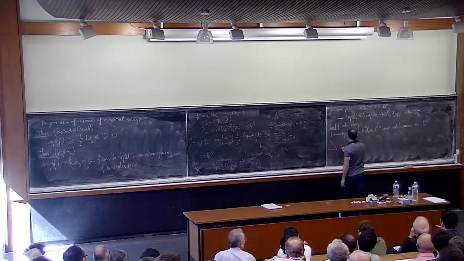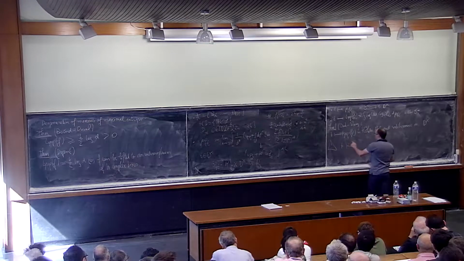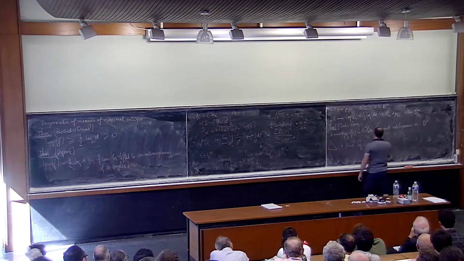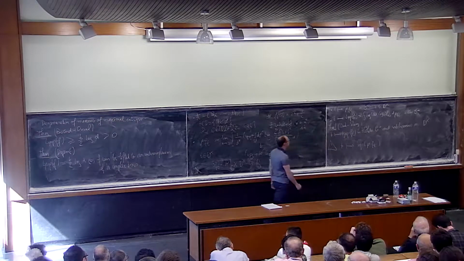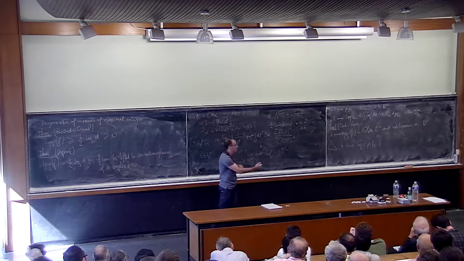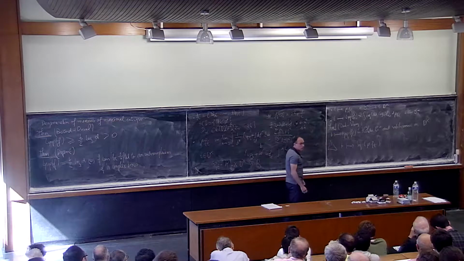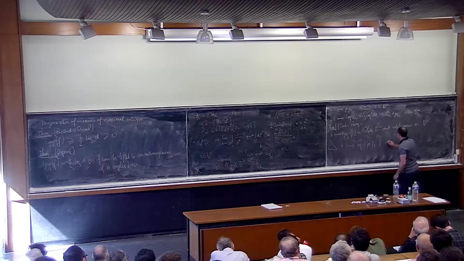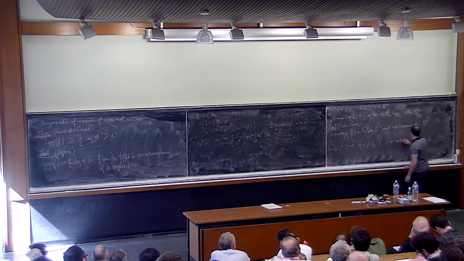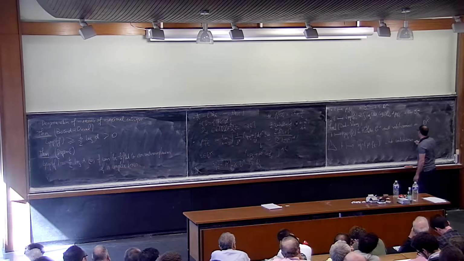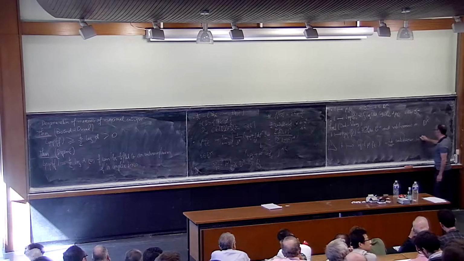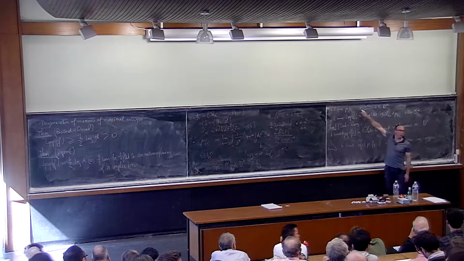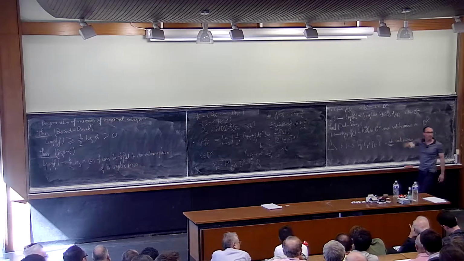When you look at the map t goes to the support of the measure, it's a map from the punctured disk to the set of compact subsets of P^k, which can be endowed with a metric, and this is not continuous in general. Here, this is the weak topology of measures.